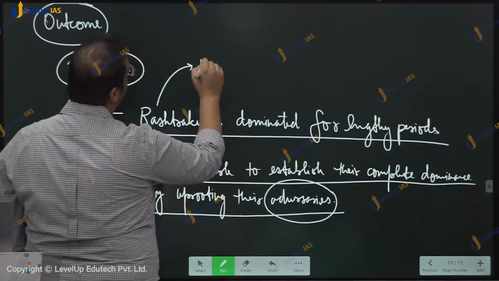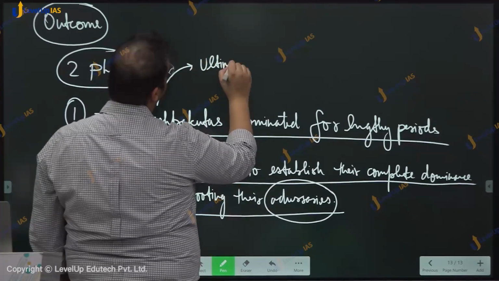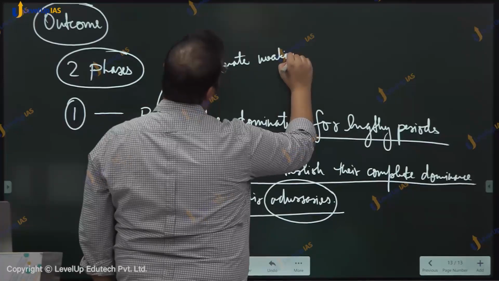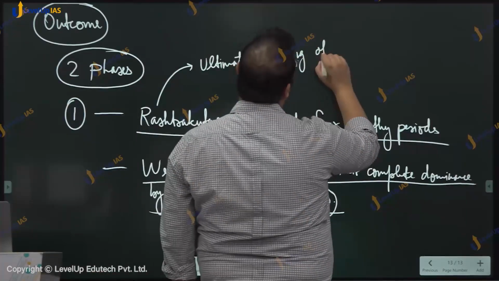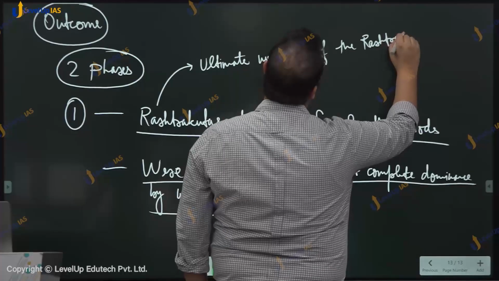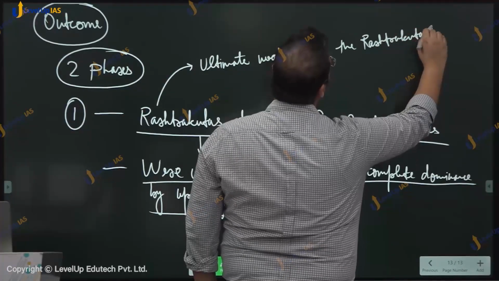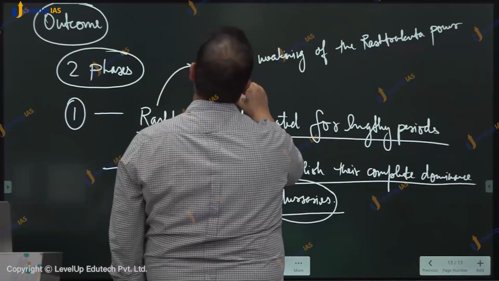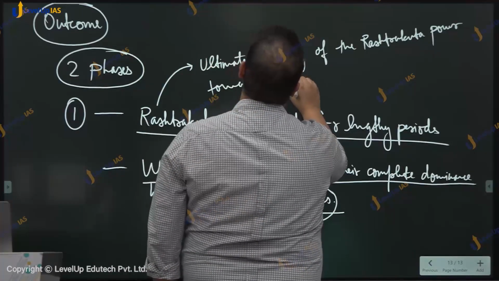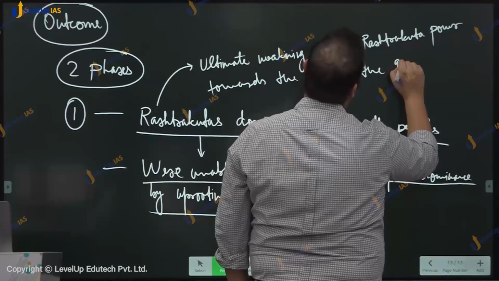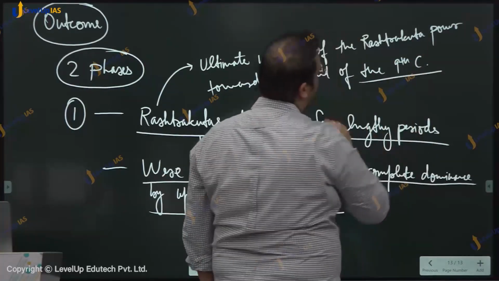The ultimate weakening of the Rashtrakuta power towards the end of the 9th century.